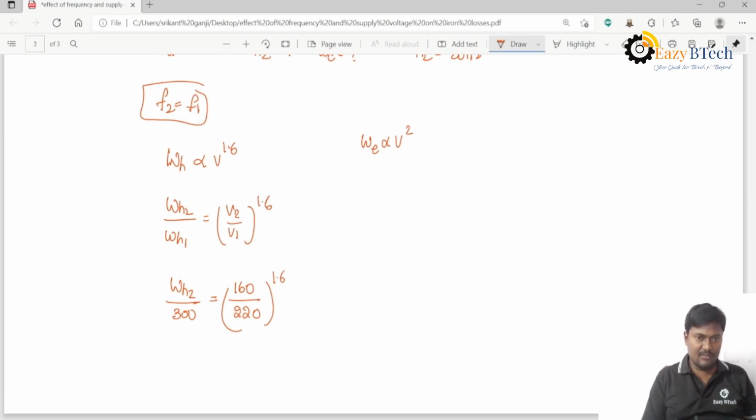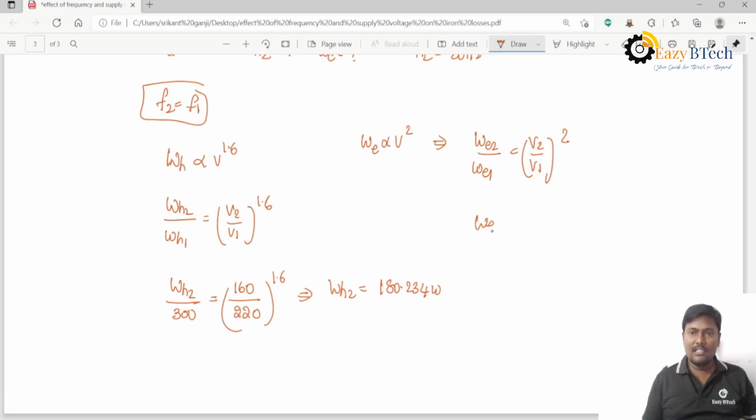So 160 power 1.6 divided by 220 power 1.6 into 300. From this I calculated hysteresis losses as 180.234 watts. And coming to eddy current losses, eddy current losses 2 divided by eddy current losses 1 is equal to V2 by V1 whole square.